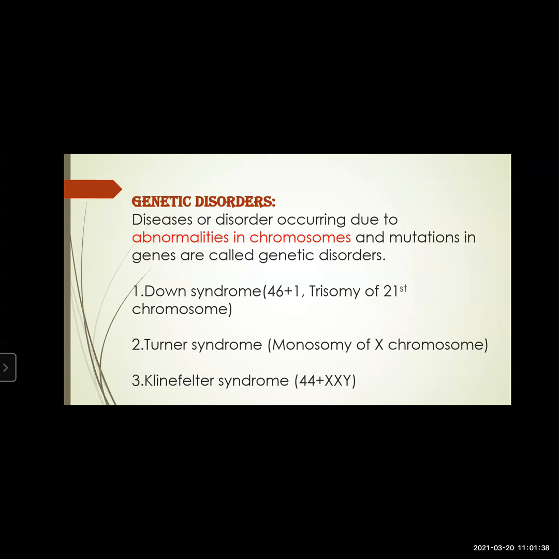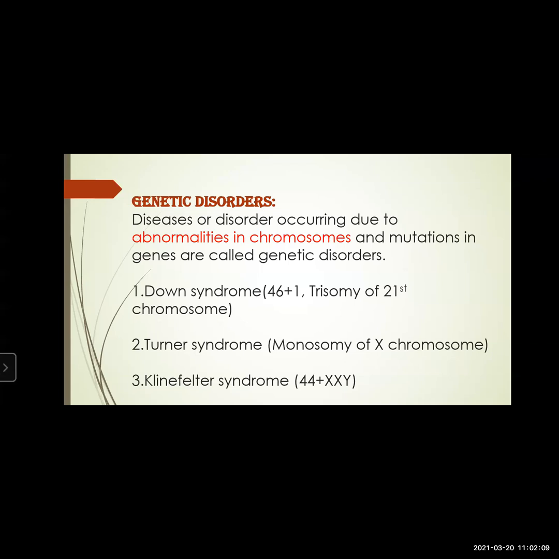That means women suffering from Turner syndrome show the 44 plus X condition, and such women are sterile, so that is called Turner's syndrome. Then the next is Klinefelter syndrome. This disorder arises in men due to abnormalities in the sex chromosomes. In this disorder, men have an extra X chromosome, hence their chromosomal condition becomes 44 plus XXY.